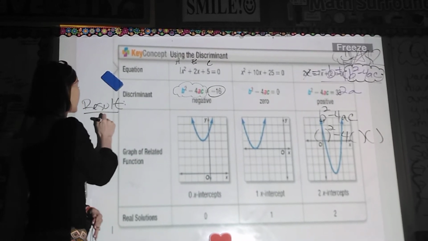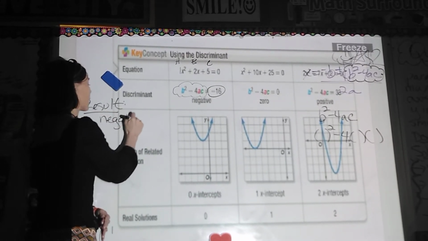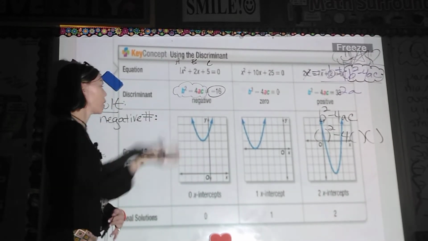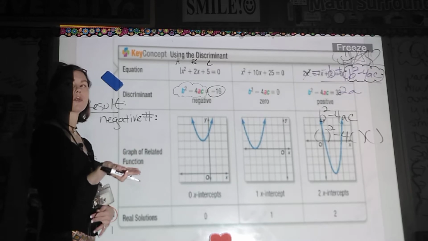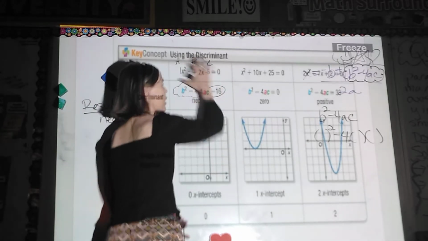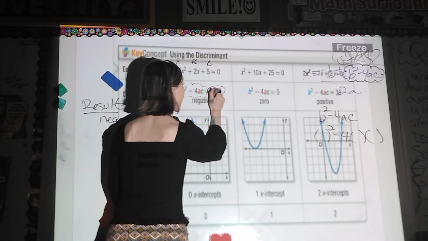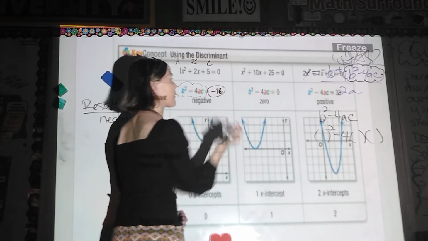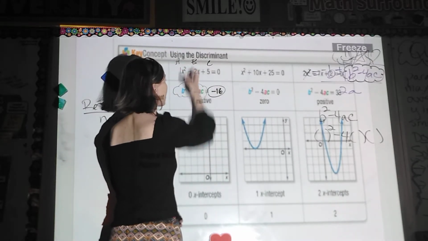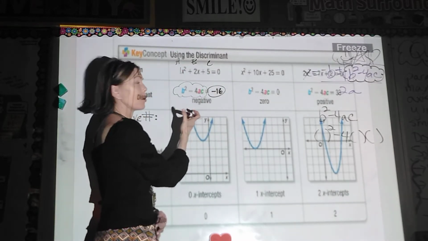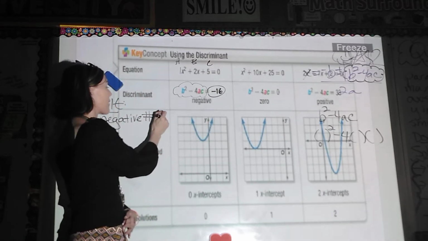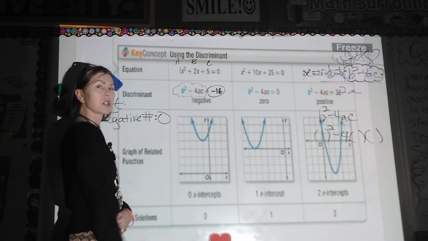If you get a negative number, and put the colon, negative number. When you get a negative number after you do the math, and Shazam, there we have a negative 16. When you plug your A, your B, and your C into this discriminant, do the math and get a negative number for your result, then you have 0 solutions.